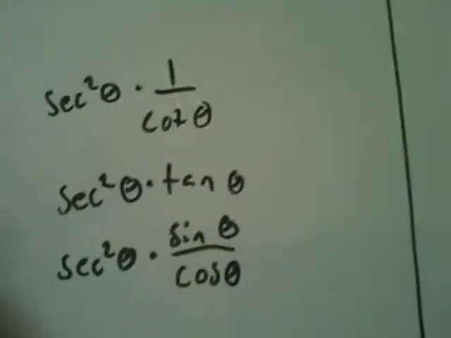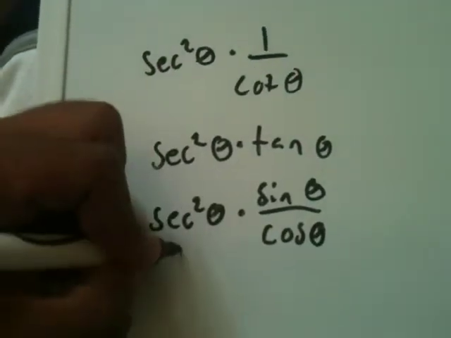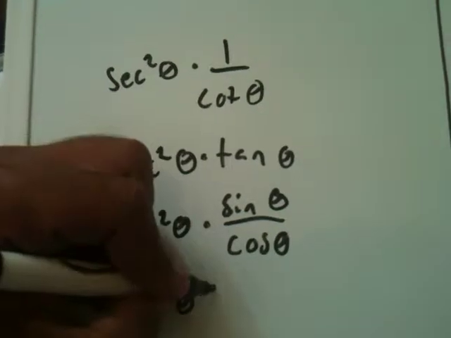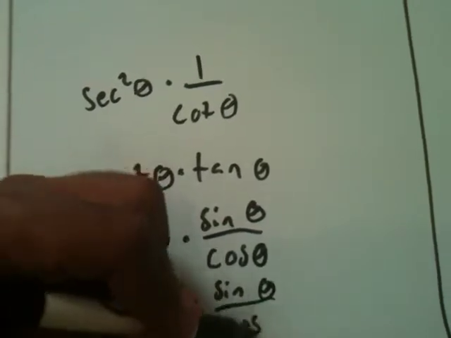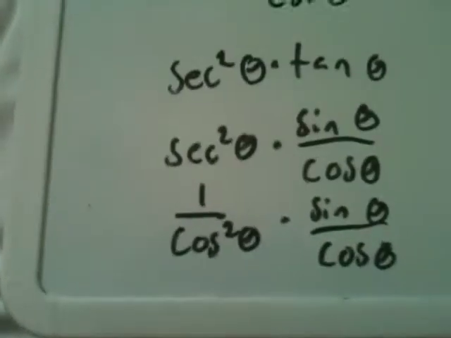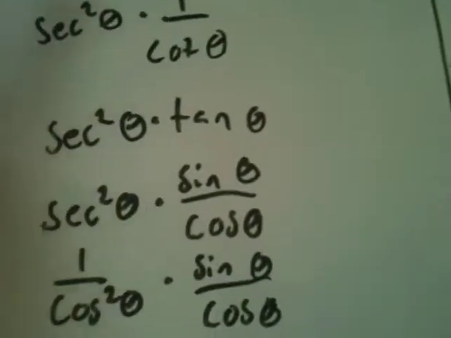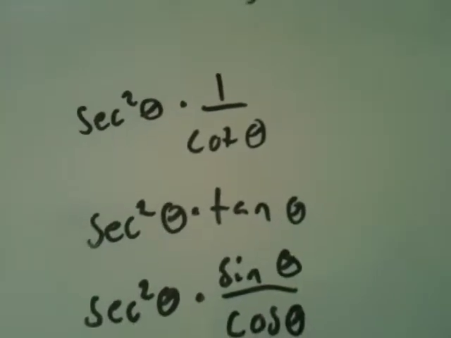So that's going to be secant squared is 1 over the cosine squared times the sine of theta over the cosine of theta. And you see we didn't really get anywhere. It's just sine over cosine cubed. But you can also kind of see that the sine outside won't do a thing. So we might just have to do something else with it.